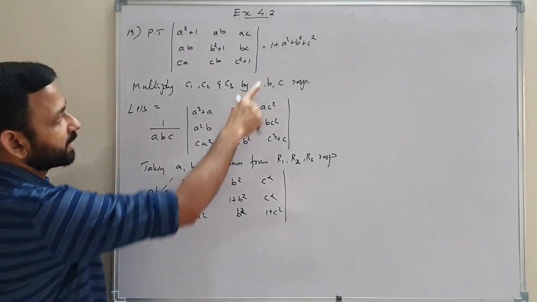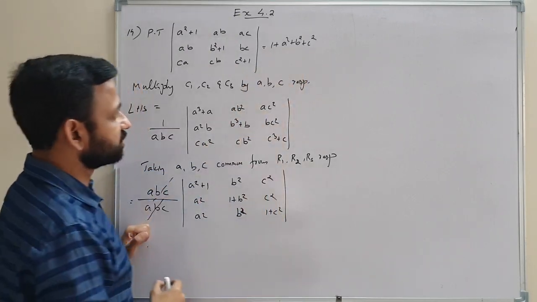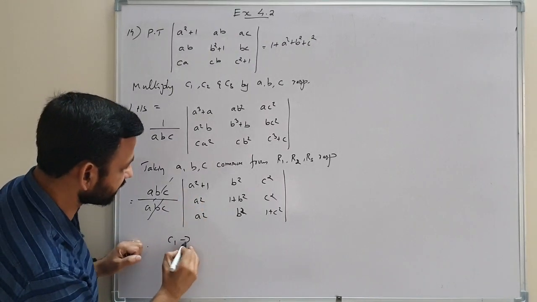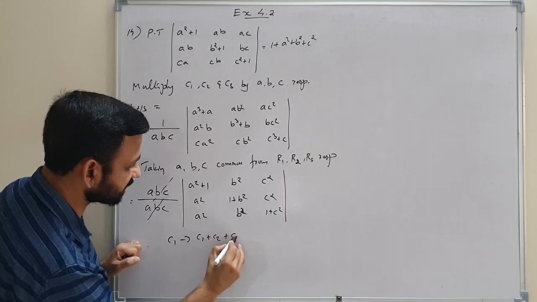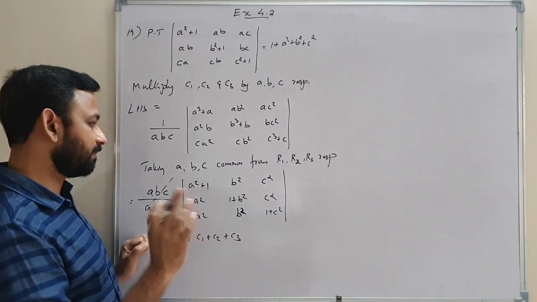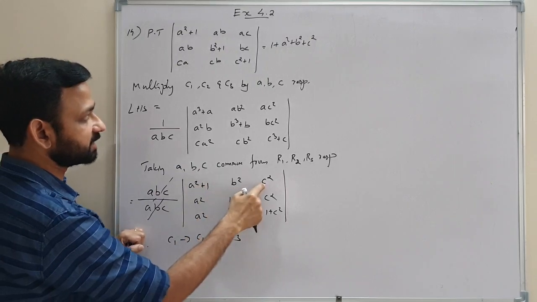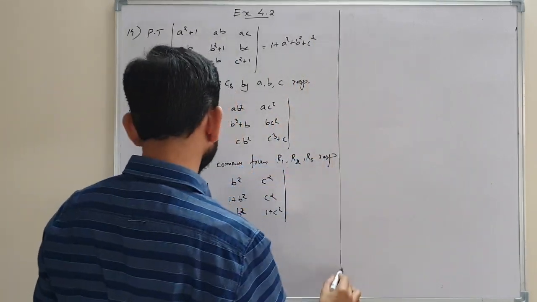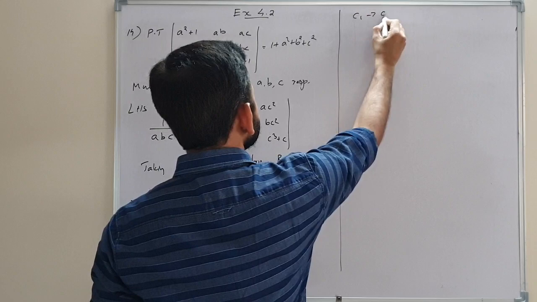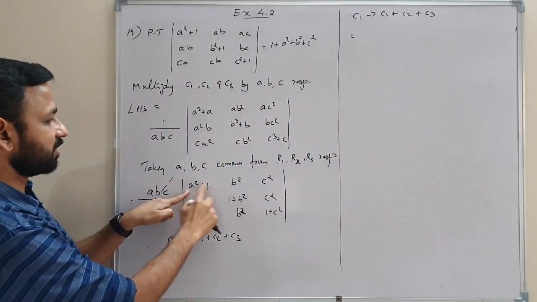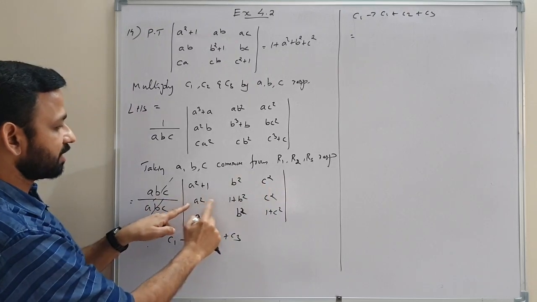Now we can do one more operation. We need to get 1 plus A square plus B square plus C square common. So if you do this operation, C1 tends to C1 plus C2 plus C3, then 1 plus A square plus B square plus C square.